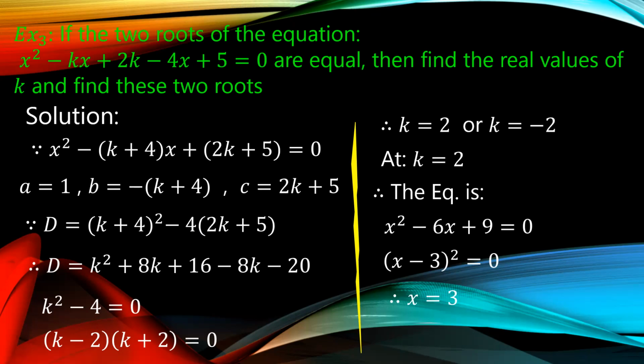Then factorize this or solve it by the general formula, then k equals 2 or -2. At k equals 2, the equation will be x^2 - 6x + 9 = 0, and finding the value of x, x equals 3.